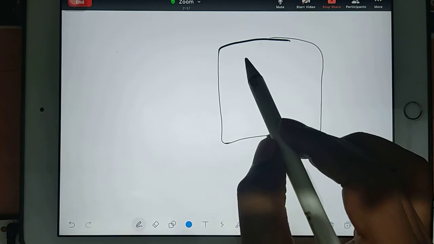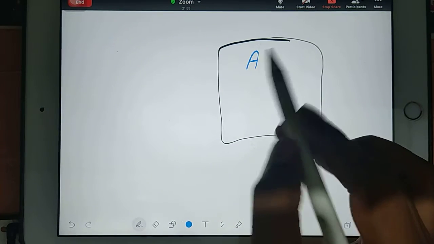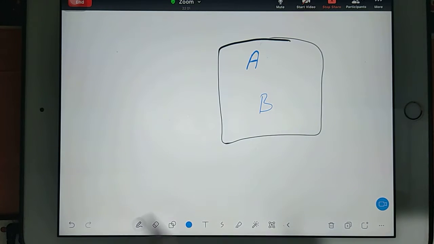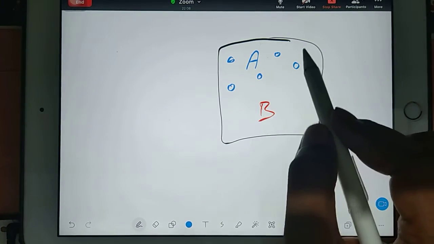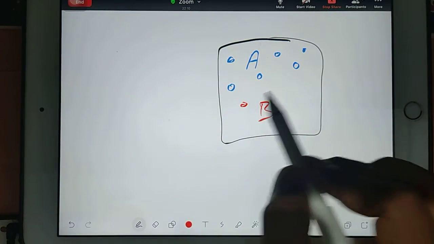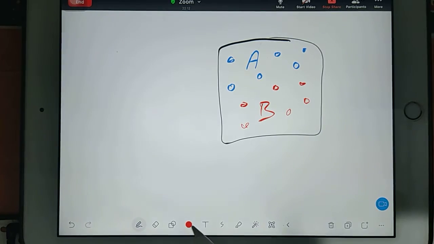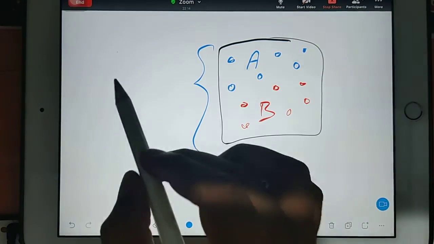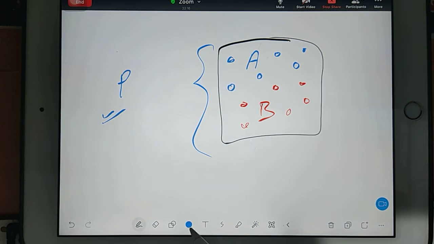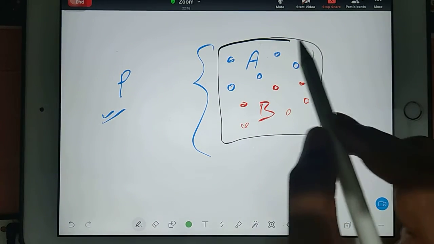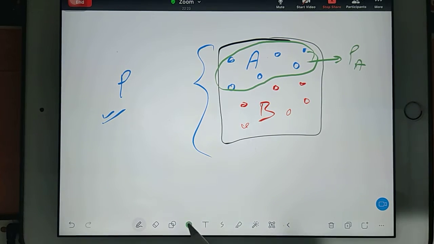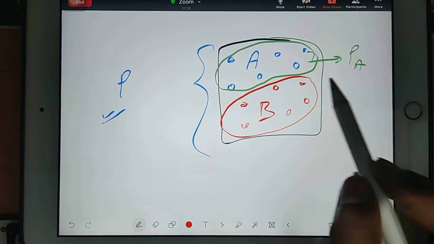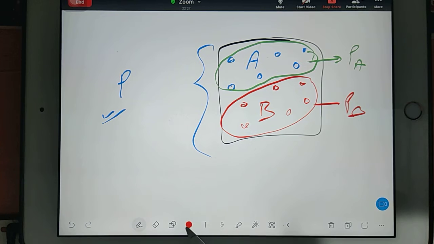Suppose 2 gases, I am keeping gas A and gas B, and gas B I will keep with the red color. Gas A will have its molecules, and gas B will also have its molecules. The total pressure in the chamber will be something else, and the pressure applied only because of molecules of A will be PA, and only because of molecules of B will be PB.